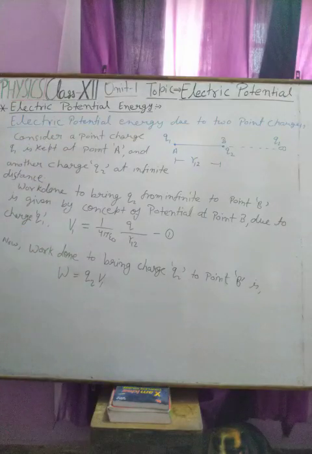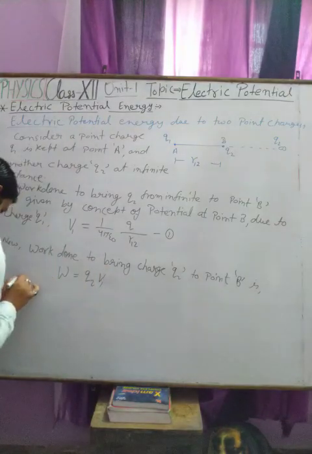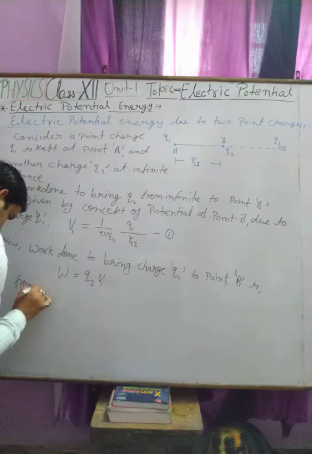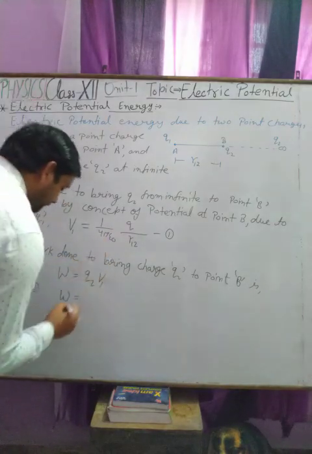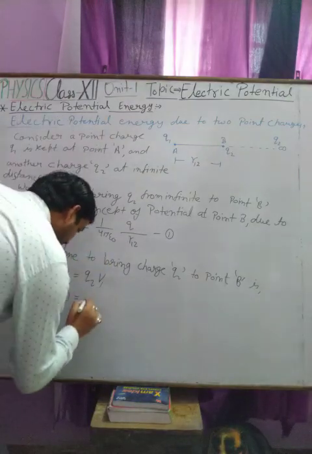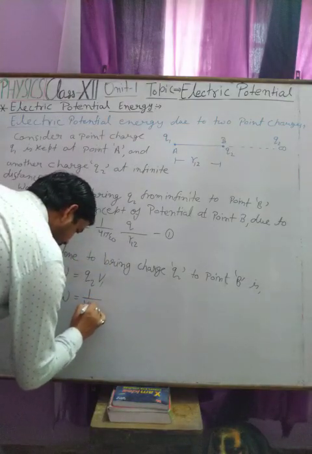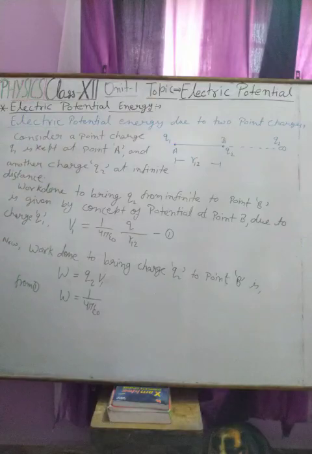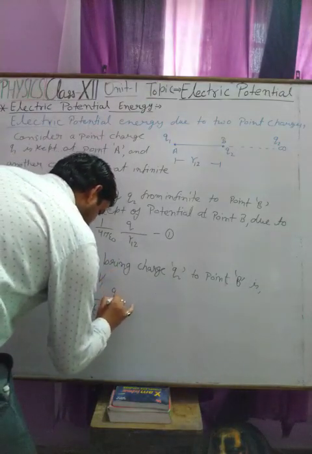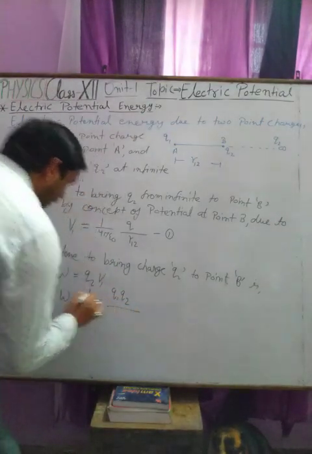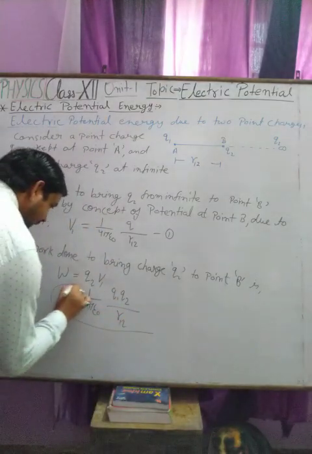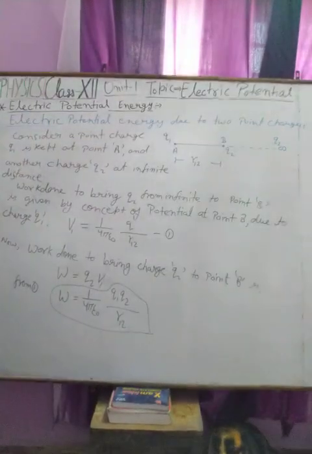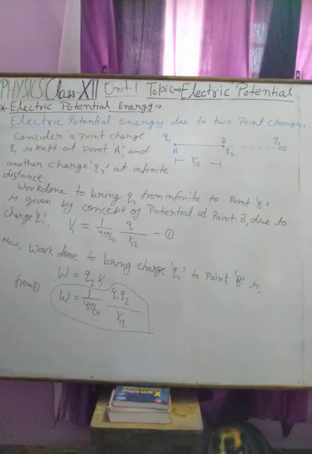Now put the value of V1 from the first equation. We get the work done is equal to 1 upon 4 pi epsilon naught q1 q2 upon r12. This is the work done to bring the point charge q2 from infinity to point B.